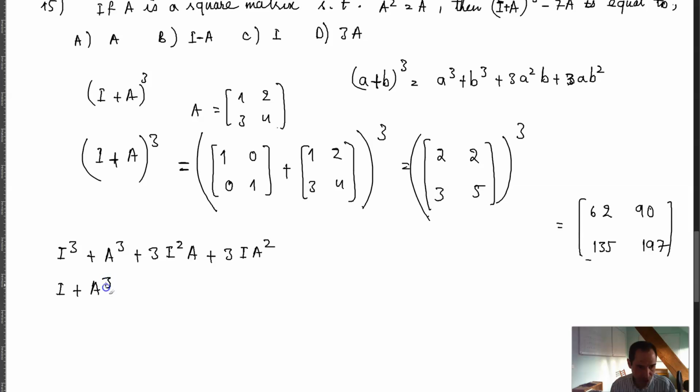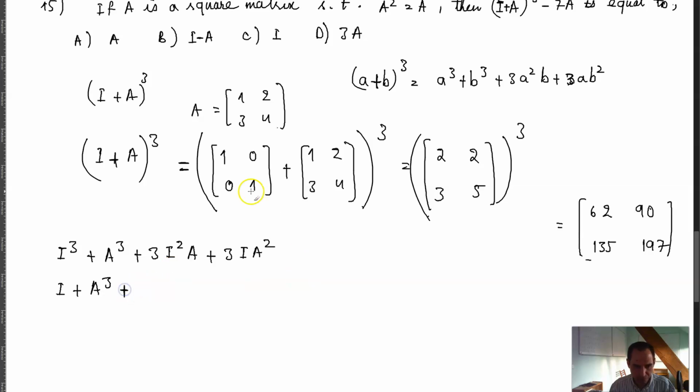And then you have A cubed, and then you have 3 times, now I squared is again equal to I, and I times A is equal to A, of course.